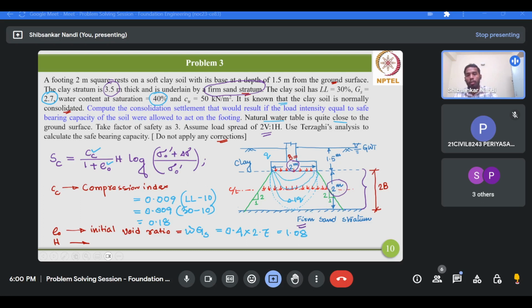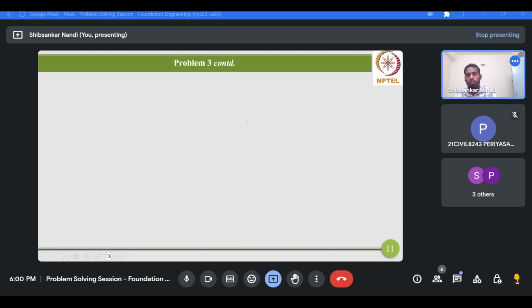Okay, so for a point load, it will look like this. So these are called pressure bulbs. It looks like a bulb, and that's why it's called a pressure bulb.